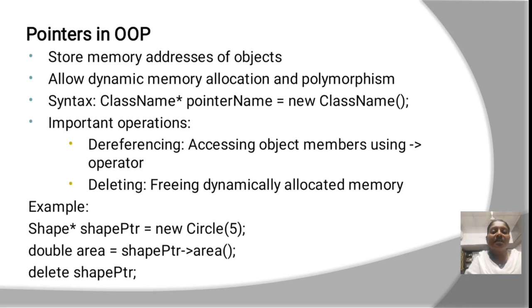For example, Shape asterisk shapePointer equal to new Circle of 5. Double area equal to shapePointer arrow area, then delete shapePointer. Here we have to free up the memory space of the pointer.